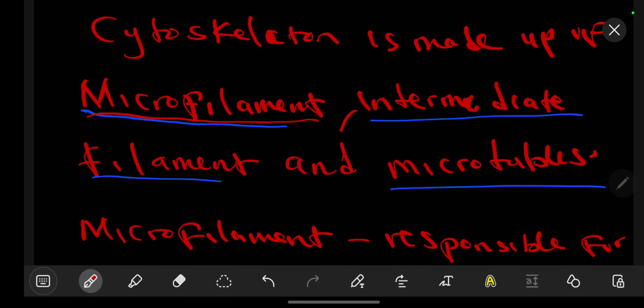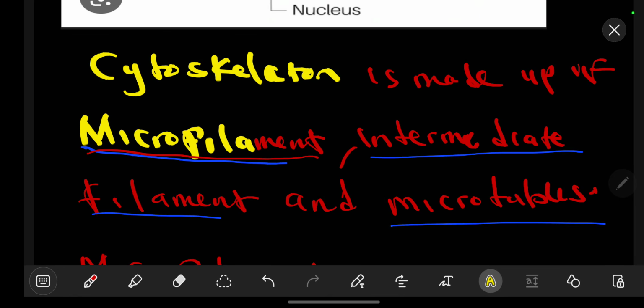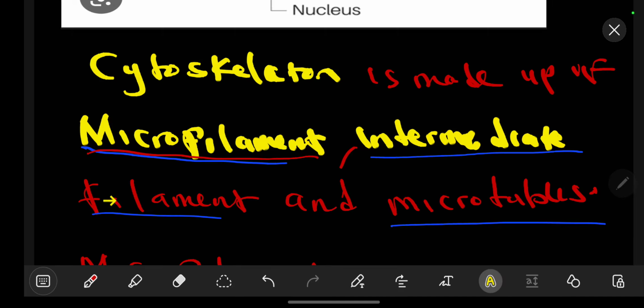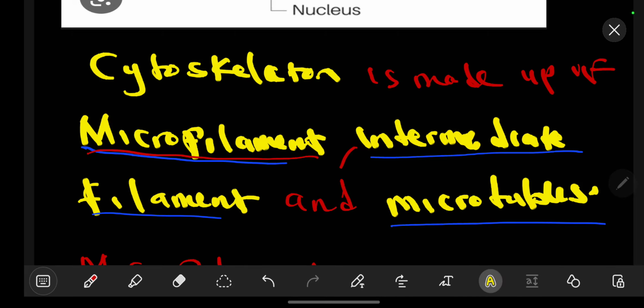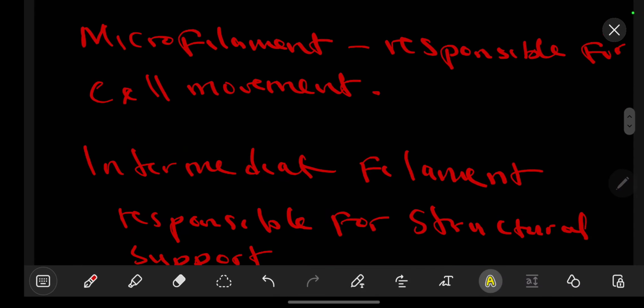Let us review. So we are saying that the cytoskeleton is made up of number one, microfilaments, intermediate filaments. We have also the microtubules. So these are the structures that make up the cytoskeleton.